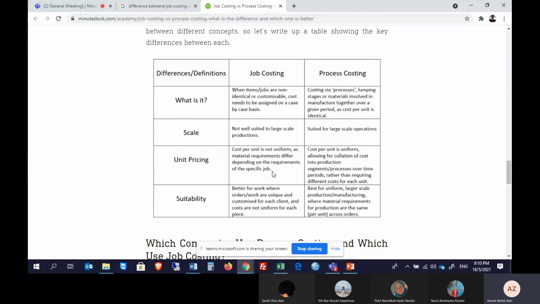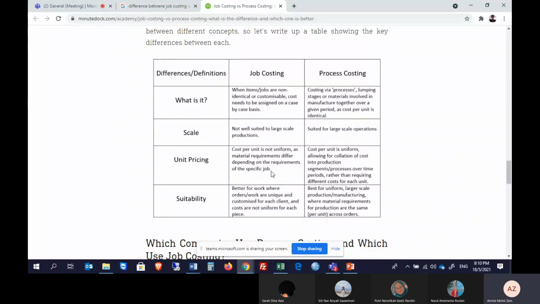Means the film, for example film A, you have to spend like 10,000. For film B, you have to spend 5,000, because of the requirements of the films and dramas.